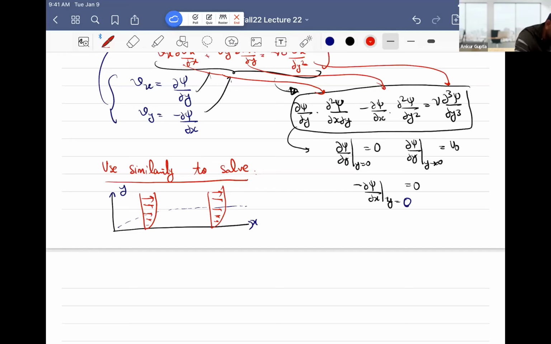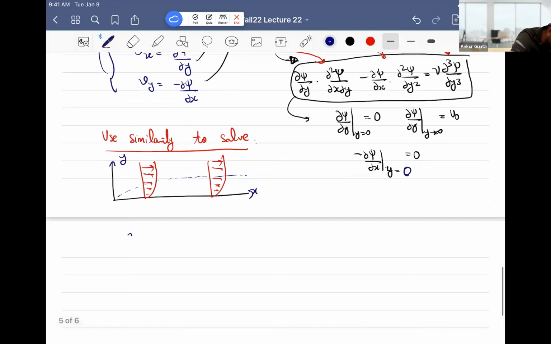So we are proposing that Vx is some function f of eta, where eta is our similarity variable, similar to y by delta. And we have delta of x, by the way, because we are scaling from the local thickness. So eta is equal to y by the square root of nu x by u.